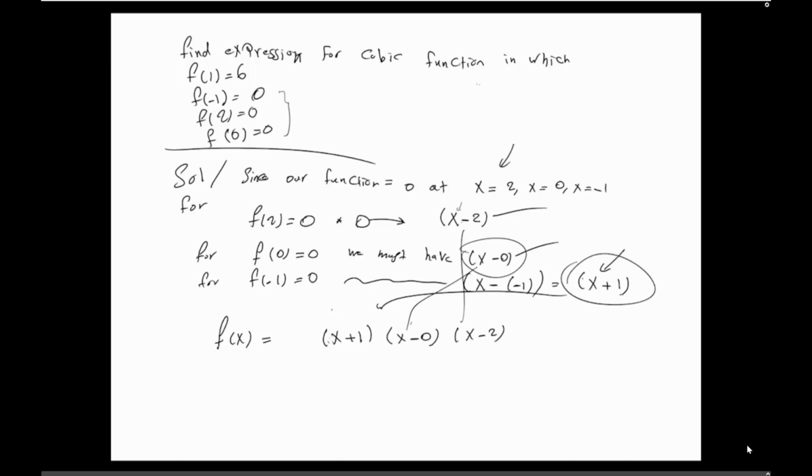But in order to get the expression, what we're going to do is put an unknown value for our function, because our function is still not known till now. So we're going to put an unknown value, which is a. Let's name it a.